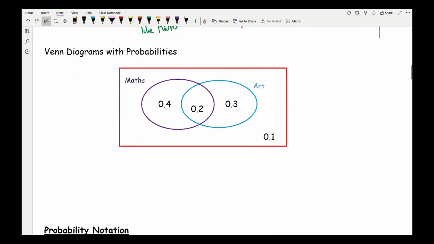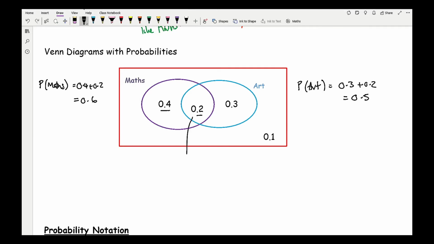Now this works in exactly the same way. However, rather than dealing with frequencies, we're dealing with the probability of selecting someone from that group. So for example, if I was asked to work out the probability of maths, that would be 0.4 plus 0.2, which gives me 0.6. If I wanted the probability of art, that would be 0.3 plus 0.2, which equals 0.5.